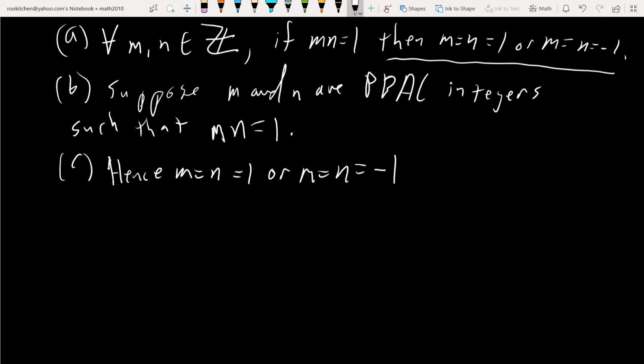Okay, now let's go to proofs where we actually fill out the body of the proof. So all this junk in between part B and part C we need to include.